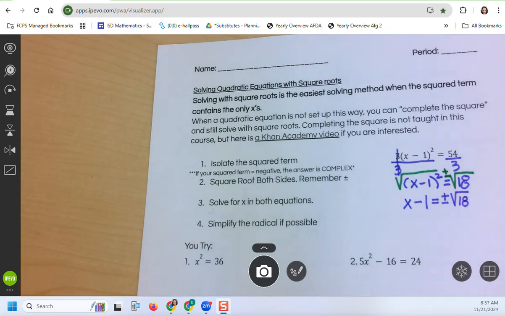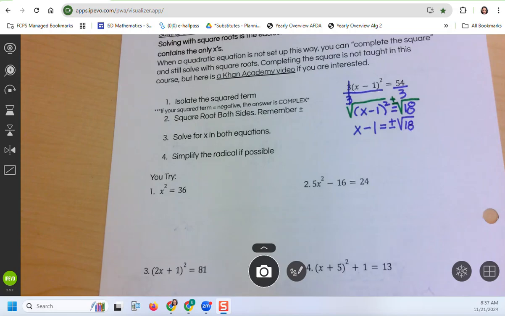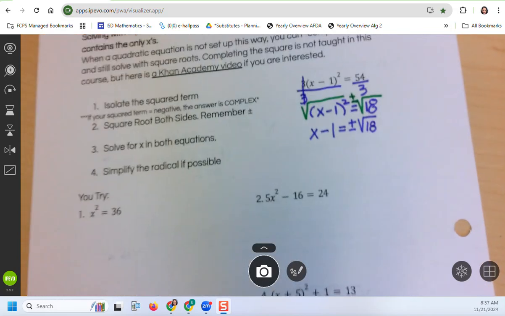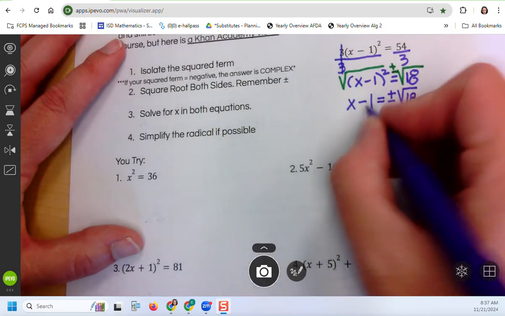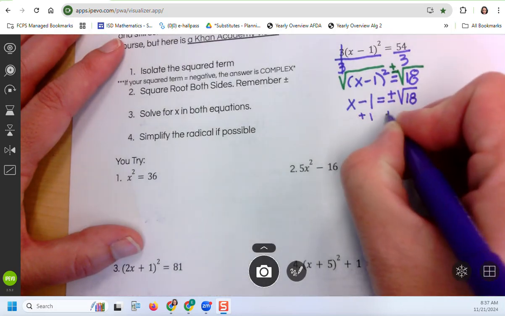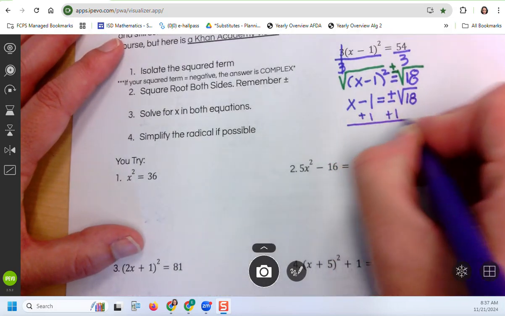And then I have to still get the x by itself. So to get the x by itself, I need to get rid of that minus 1. So what would be the inverse operation of minus 1? Plus 1. And here's how your answer is going to look.